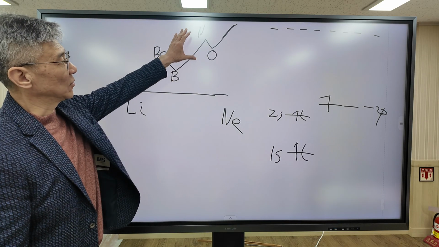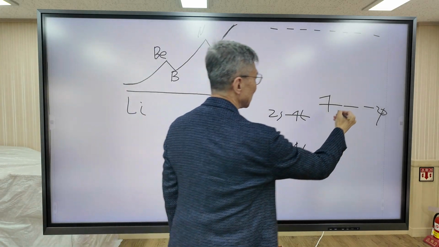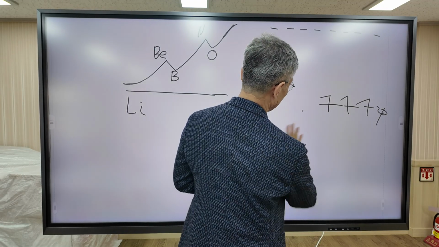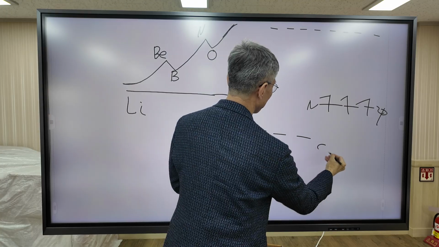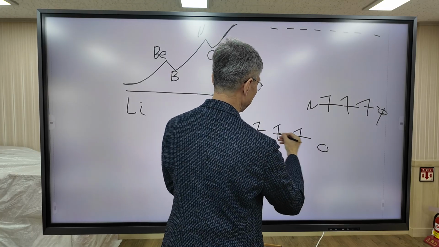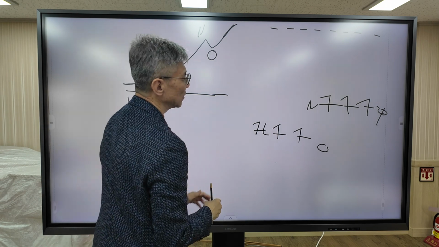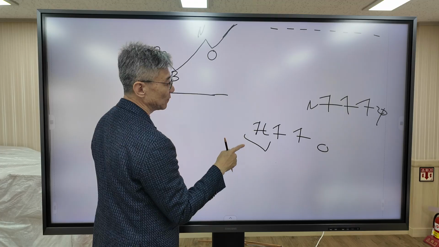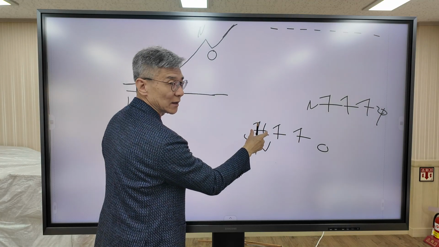Now move on to nitrogen and oxygen. The electron configuration of nitrogen looks like this. This is nitrogen. And for oxygen, the electron removed is from this orbital, where two electrons are repelling each other.